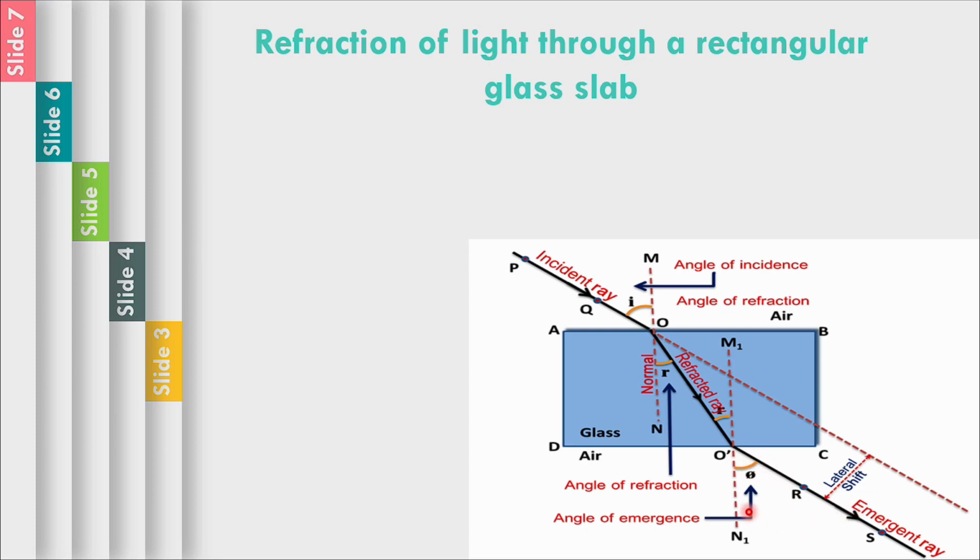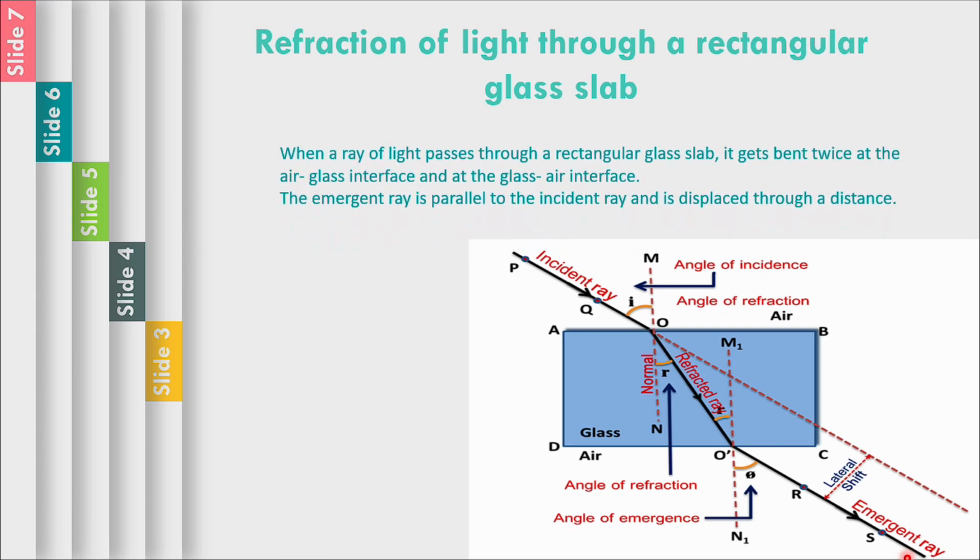Here the light ray bends away from the normal, that is M1, N1. So what are the important terms here? One is incident ray, refracted ray, normal to the plane, angle of incidence, angle of refraction, and emergent ray. Now we can discuss one by one.